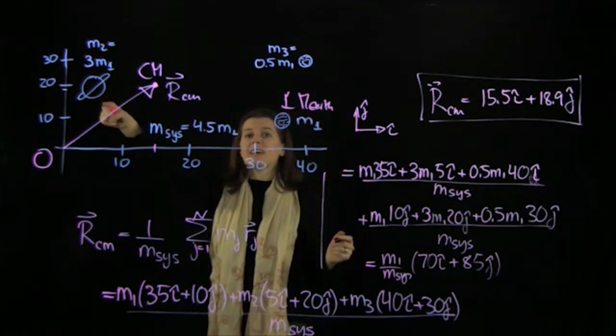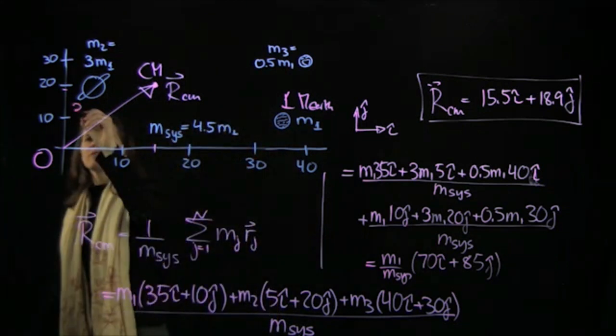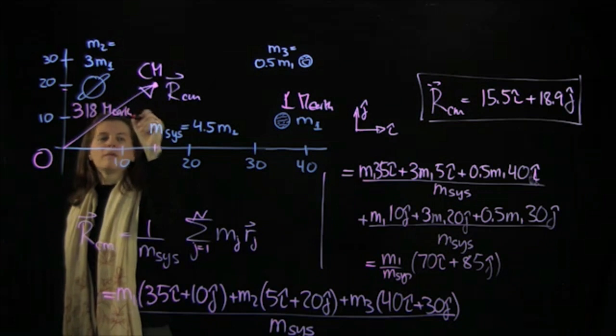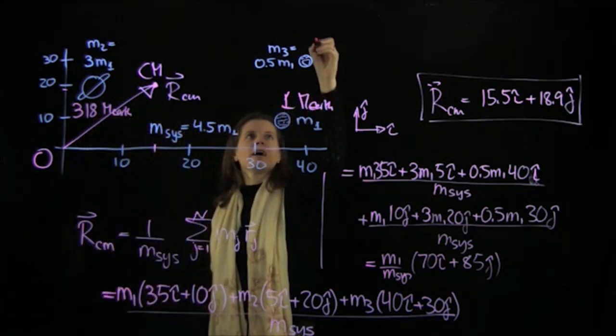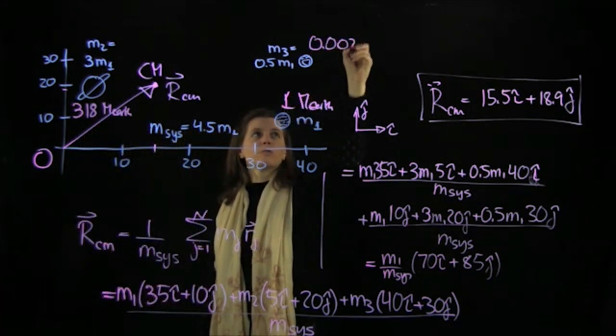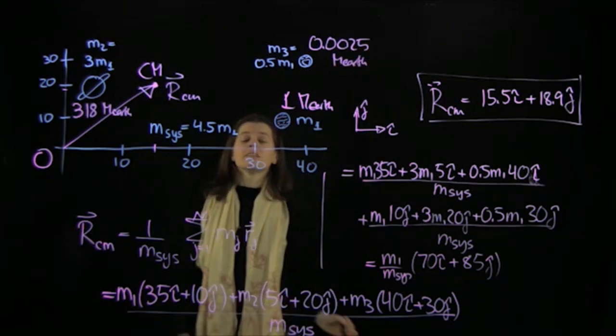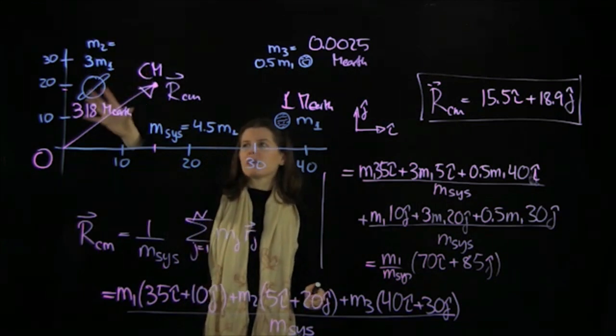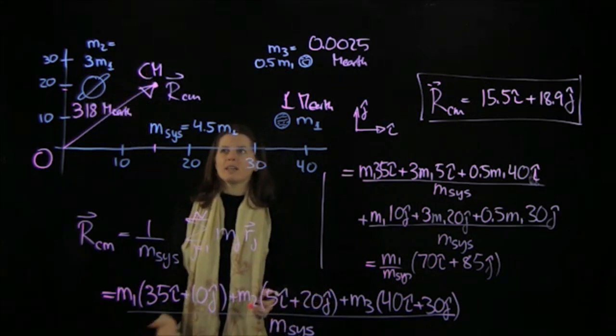And if this was Saturn, it would have something like 318 Earth masses. And if this is Pluto, it would have 0.0025 Earth masses. You will see that Saturn really holds all the weight.